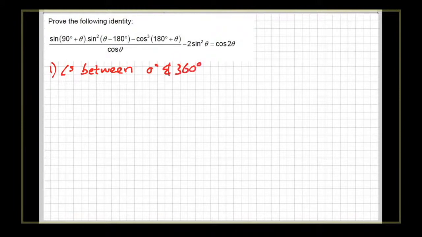And when I'm done with this, step 2, I want my angles between 0 and 90. No matter what kind of a trig sum I see, those are my first 2 steps.